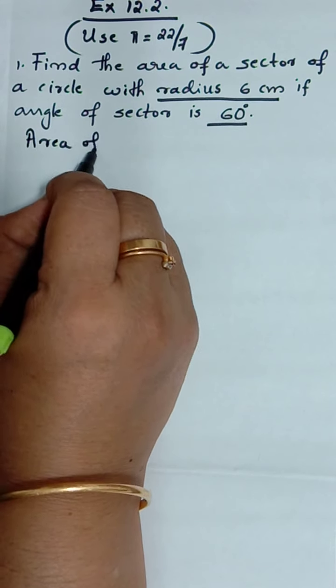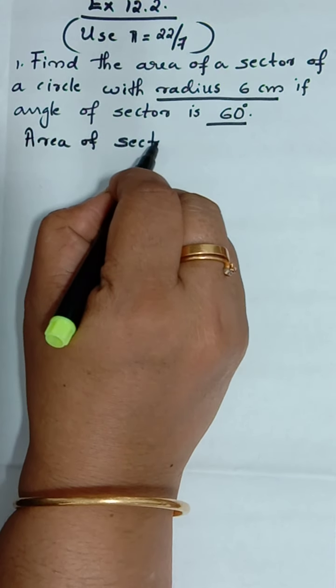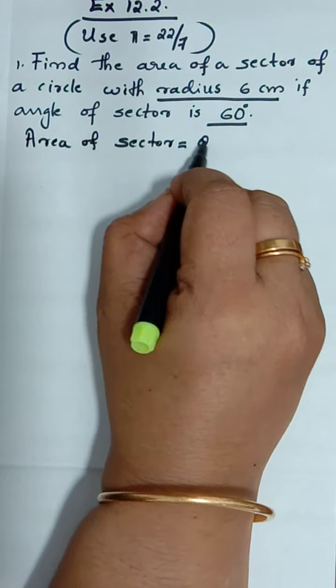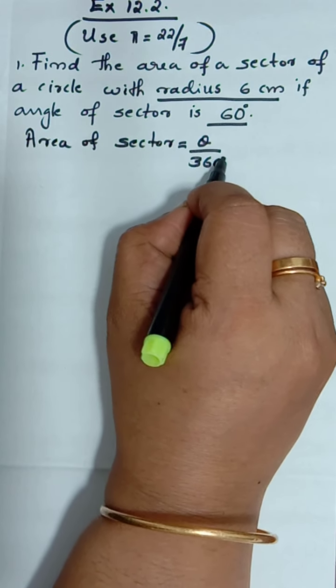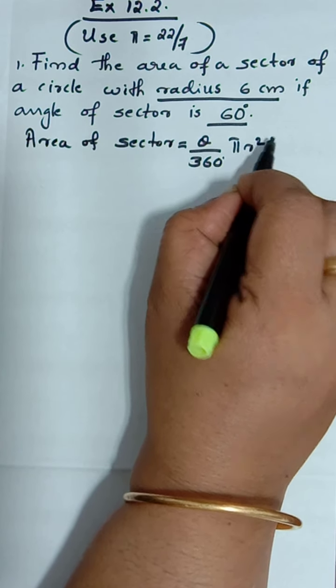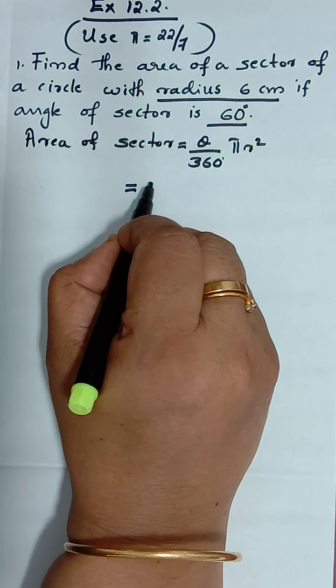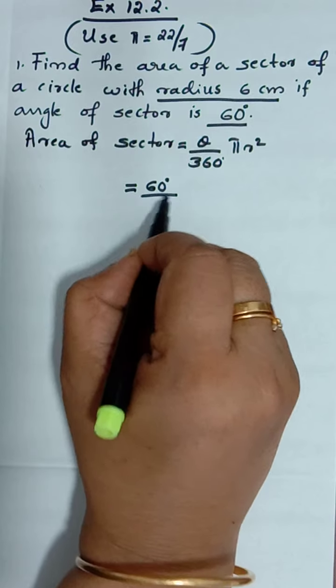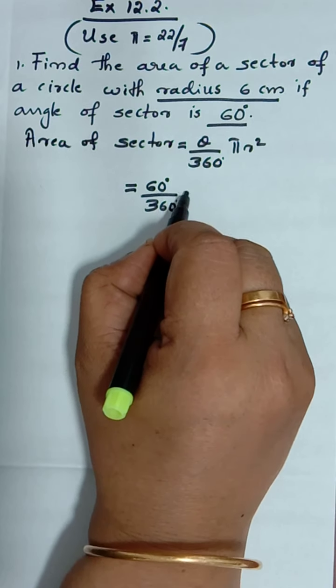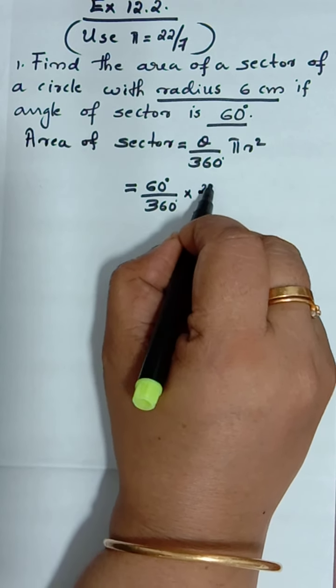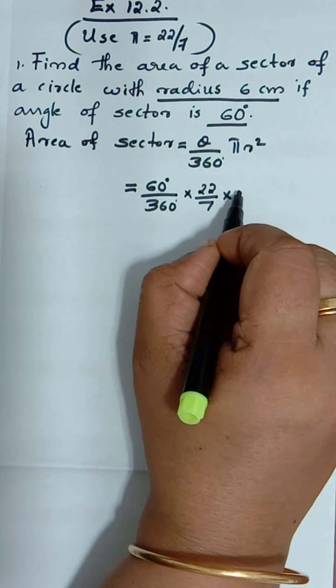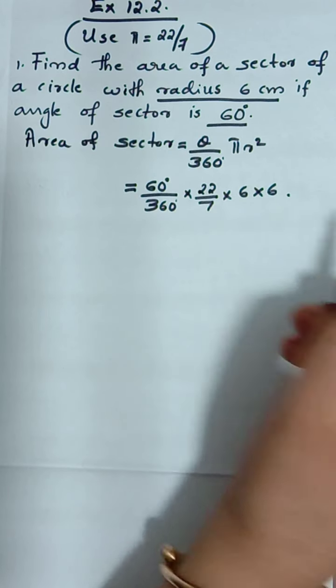Area of sector equal to theta by 360 into pi r square. It is mentioned pi is equal to 22 by 7. Theta value is 60 degree by 360 degree into 22 by 7 into radius 6 into 6.